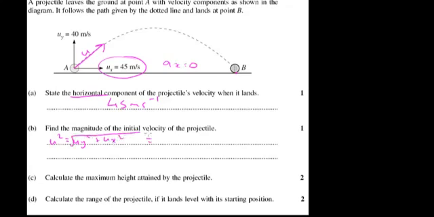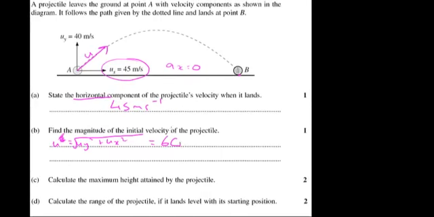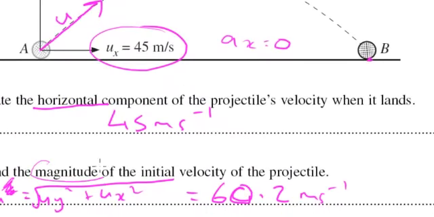Let's say 40 squared plus 45 squared, square root of that, that's just going to equal 60.2 meters per second. What's the angle? We can find the angle, but it's not asking for it, it's just find the magnitude.